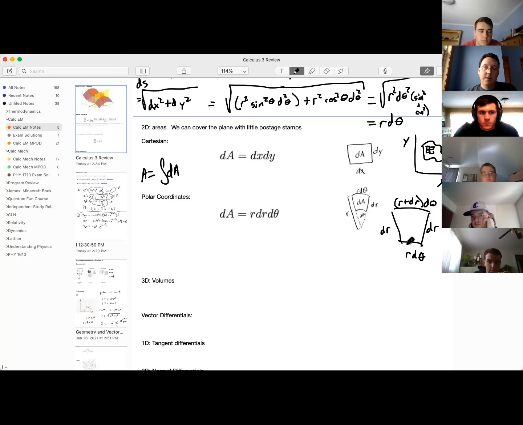So the formula for the area in polar coordinates is r dr d theta. And I'm sure that she showed you that formula. If people are confused when we meet face to face, I can try to elaborate on it.